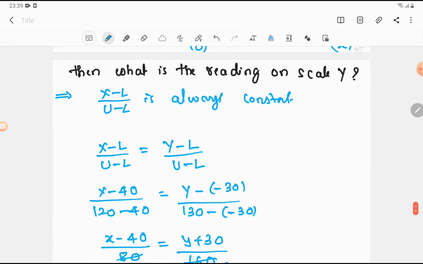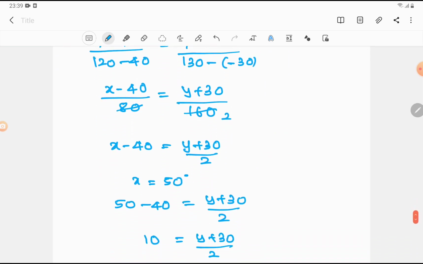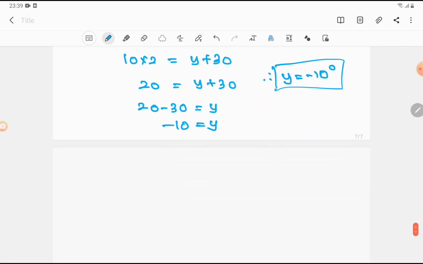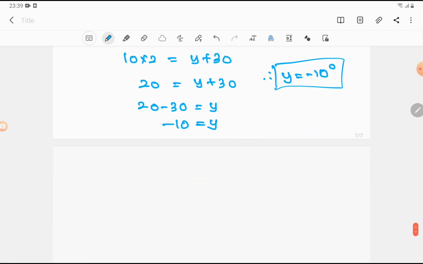So (x minus 40) by (120 minus 40) is 80. Take care of the minus sign: because of minus 30, it is y plus 30. So you can easily solve using the relation. If you substitute x equal to 50 in equation 1, you can easily get the value of y.